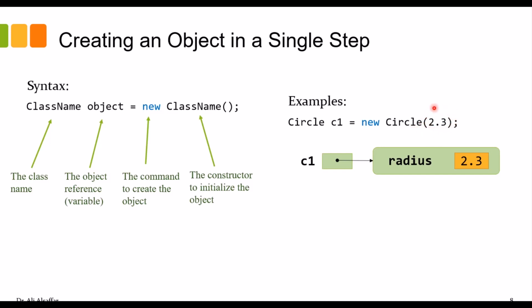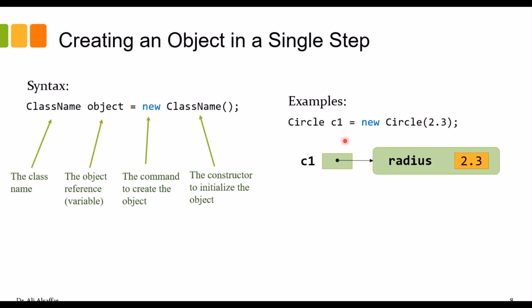See, here we don't have any number between the brackets. Here we have a number. So this constructor will initialize radius inside to 2.3. So when you create the object, automatically it will have radius equal to 2.3. And this will be applied to any object you create from Circle, because you are telling it to initialize to this number.